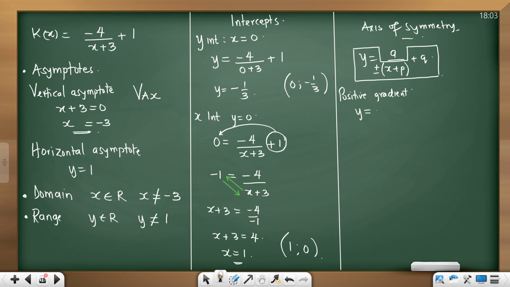We didn't have time. I'll use the one with the plus, and then I'll solve. The one with a negative gradient, it means in front of the bracket I'll be having that. Axis of symmetry. Just put a box, cut the A out, and you're done.